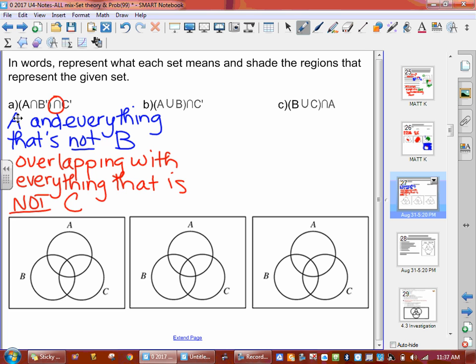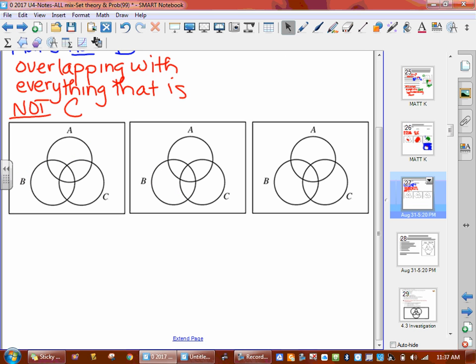I want you to just pay attention and see if you know which parts. Okay? So I'm going to first of all shade A and everything that's not B. So here's my A, and I want where it overlaps with everything that's not B. Okay, overlapping with everything that's not B.